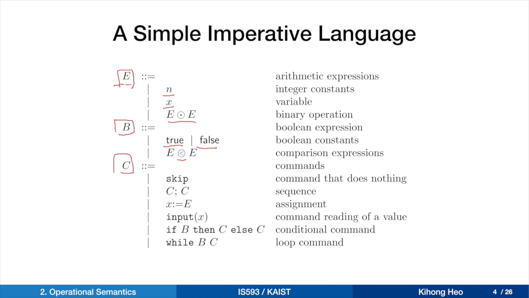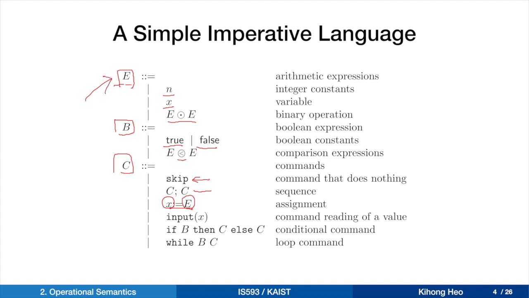Okay, so a command of this programming language is one of the following. Skip, that does not do anything, and a sequence of two commands, and each subcomponent is also a command, as you can see. So this is an inductive definition. Okay, so another one is assignment. The left hand side is always a single variable here, but the right hand side is an expression defined here.